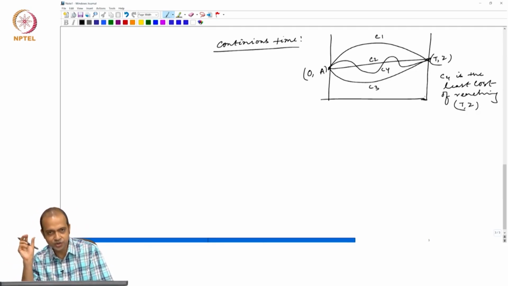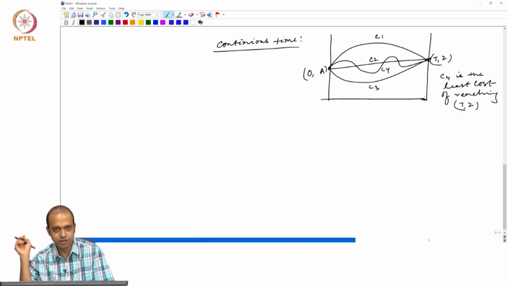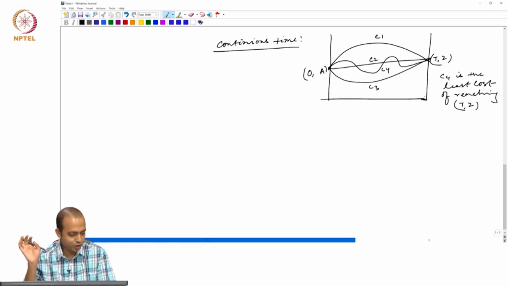Obviously a straight line which connects A and Z should have the minimum distance compared to the other paths, right. So, this is the case in continuous time.